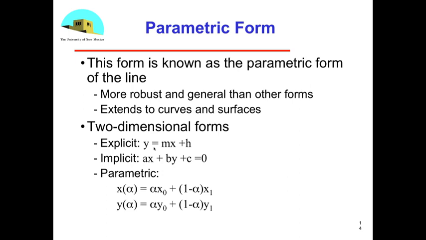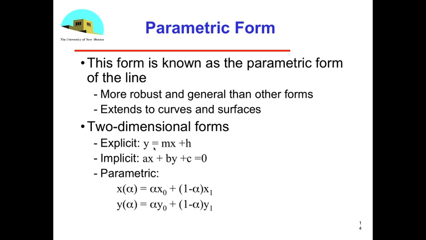I can define it as y equals mx plus h, where m is the slope of the line and h is the y-intercept. And that looks pretty reasonable. Can I define all lines that way? Well, the answer is no, because what happens when you have a line that goes straight up in the y direction? The slope is infinite, so that line doesn't exist.